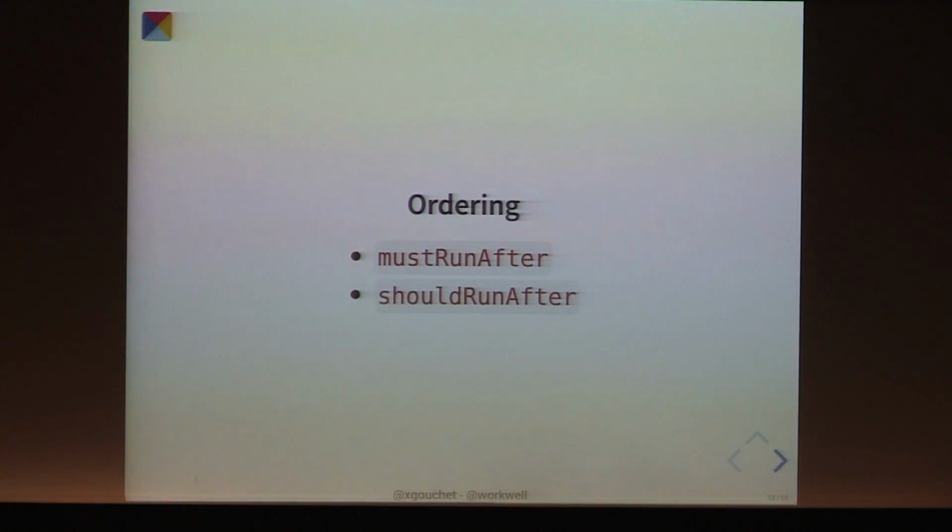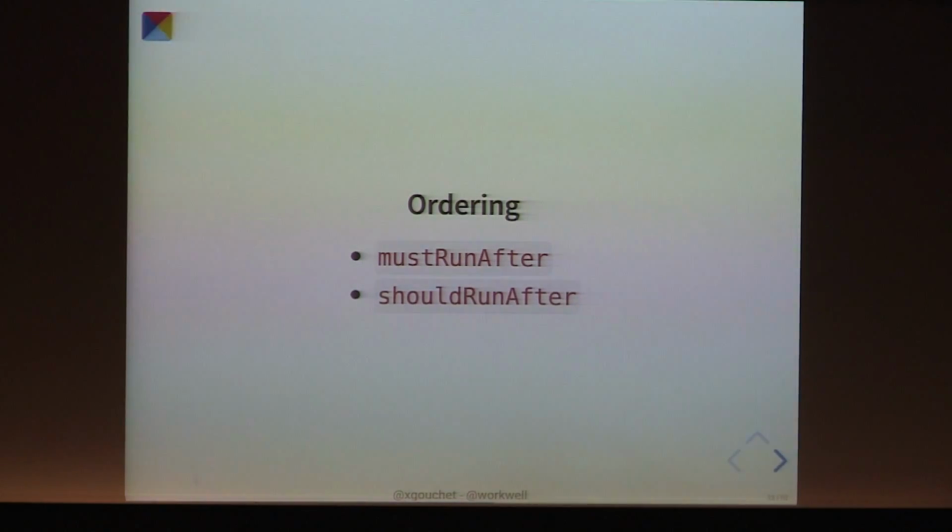ShouldRunAfter is a little bit trickier. Basically, it says, okay, if this other task is there, if possible, I want to run after it. When you call a bunch of tasks in the command line, it's actually using shouldRunAfter because it's a soft ordering. And what it does is, if it doesn't break the dependency graph, I'm going to run them in the order you specified.